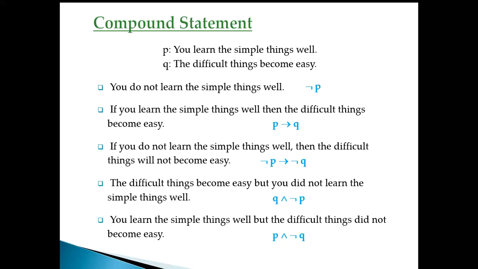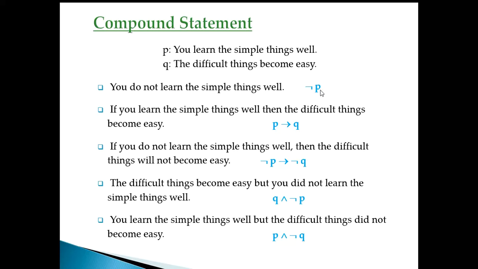P and negation of Q. So here we represent our English statements in the representation of P and Q. This is called the informal representation of the proposition, and this way is called the formal representation of the proposition. So here we change our informal proposition into the formal proposition. Clear?